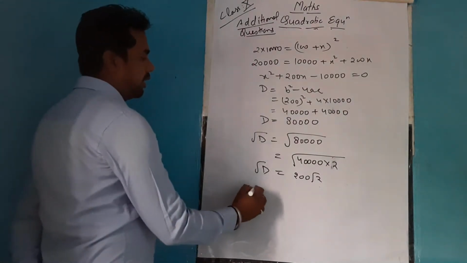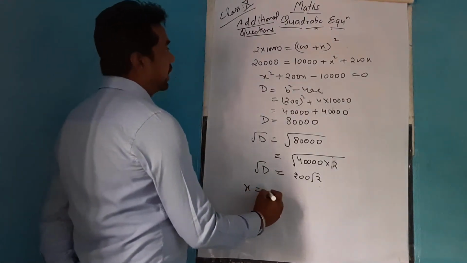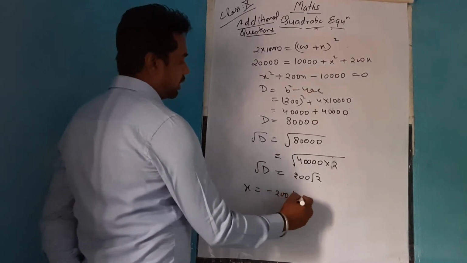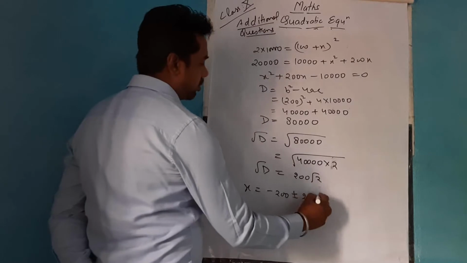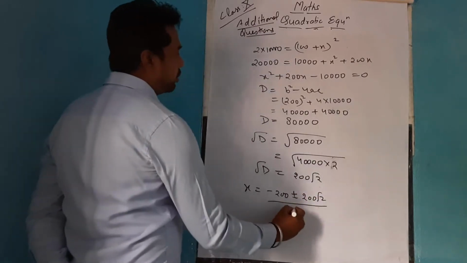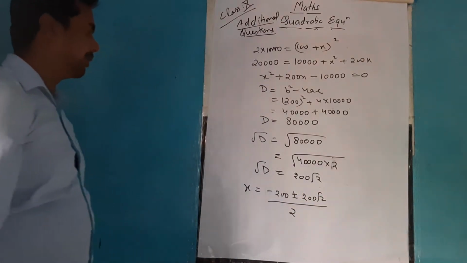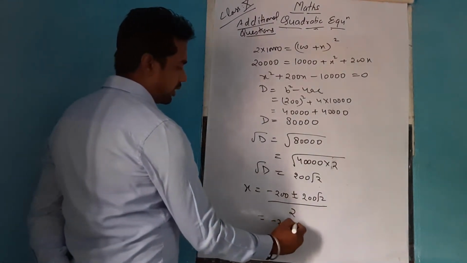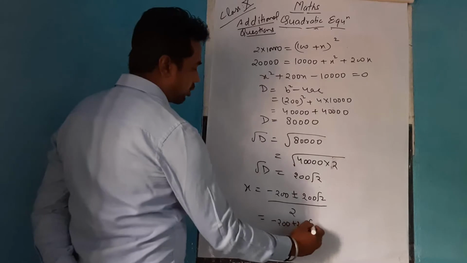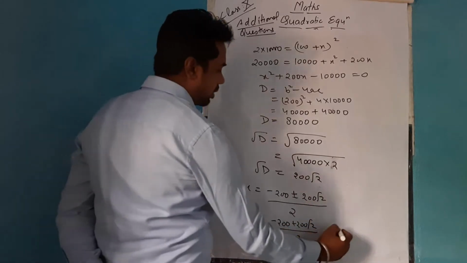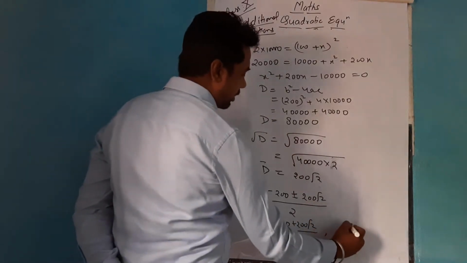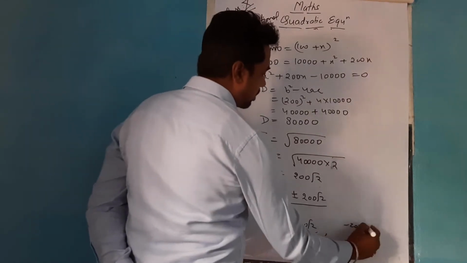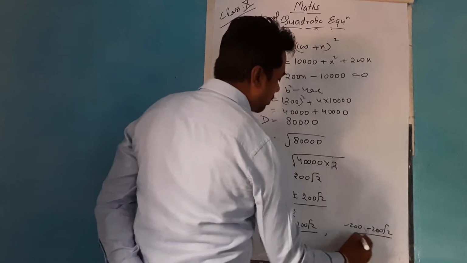And now we get the value of X as minus B plus minus under root D, which is 200 root 2, by 2A, that becomes 2 only. So this becomes minus 200 plus 200 root 2 by 2, and minus 200 minus 200 root 2 by 2.